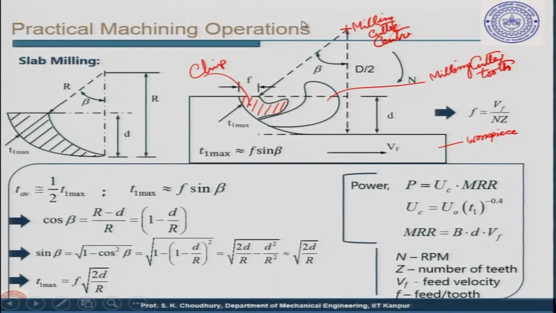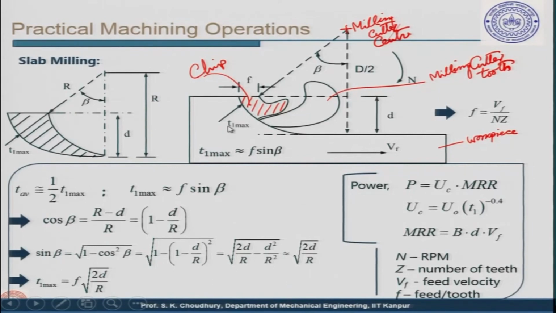With the help of N, the milling cutter RPM, and the feed velocity, the interaction between the milling cutter and the workpiece results in removing the material. So, this much material is removed; this is the depth of cut, the small d.